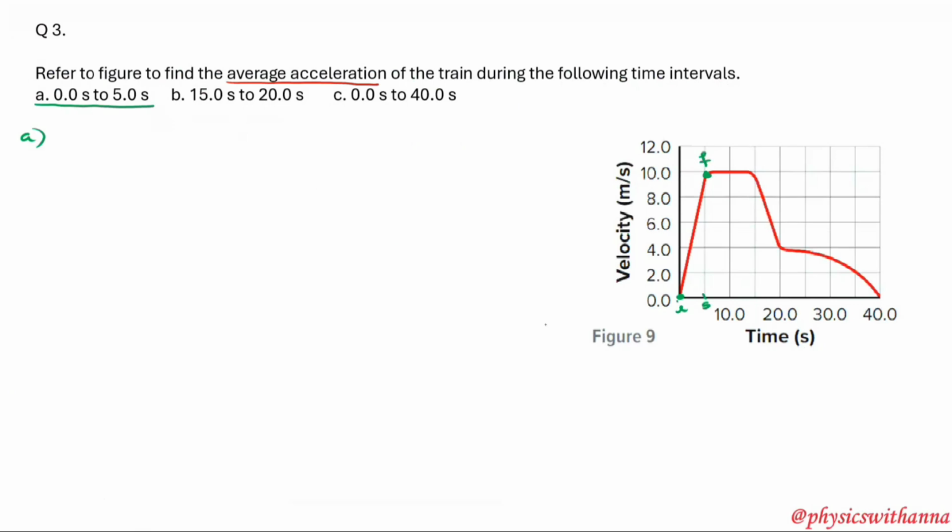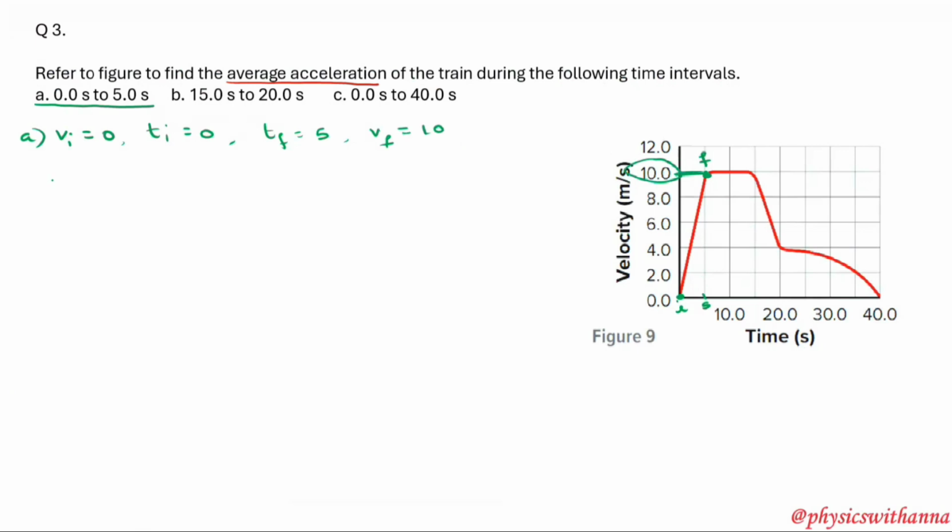So let's write down the velocity and time values here. Initial velocity here will be 0 since we are beginning at the origin. All values at the origin are equal to 0. Initial time will also be 0. Final time is at 5 seconds. And at final time, I need to find the velocity value. So go to 5 seconds and see what the velocity is on the y-axis here, which is 10.